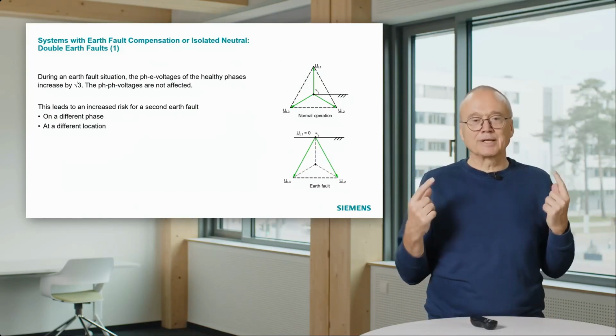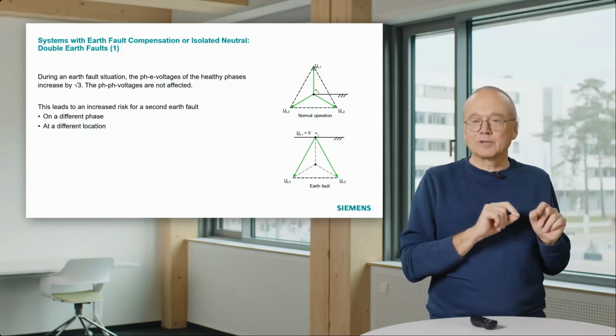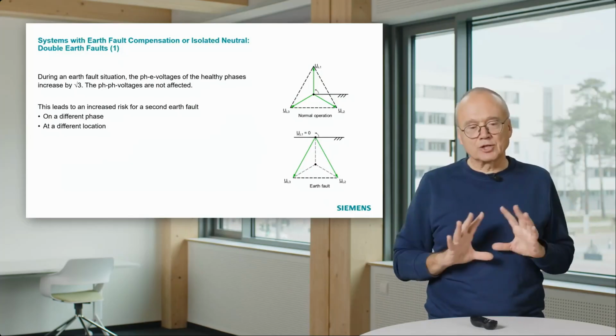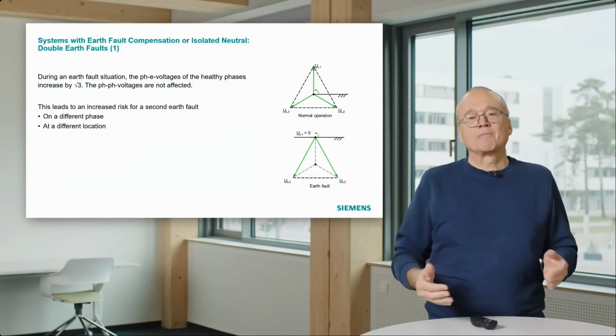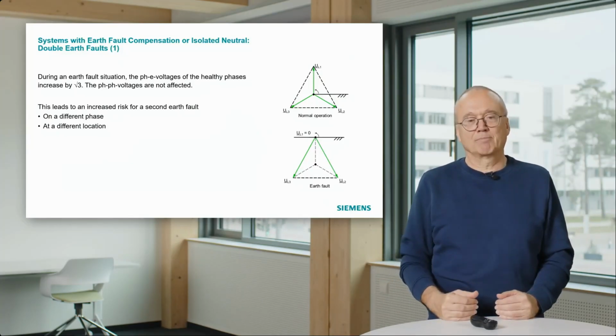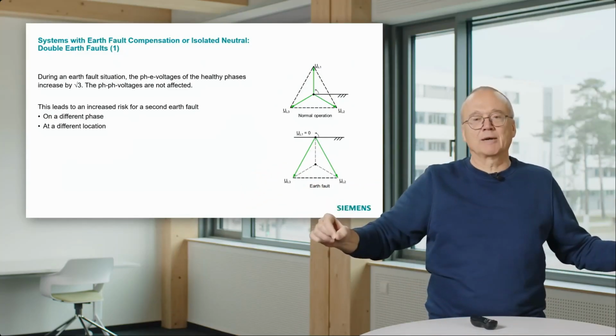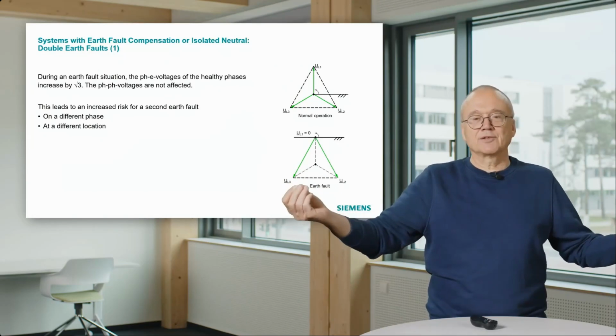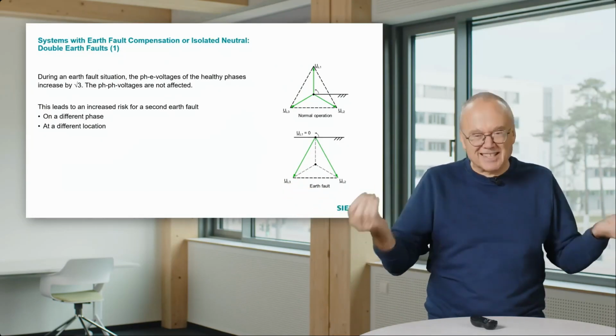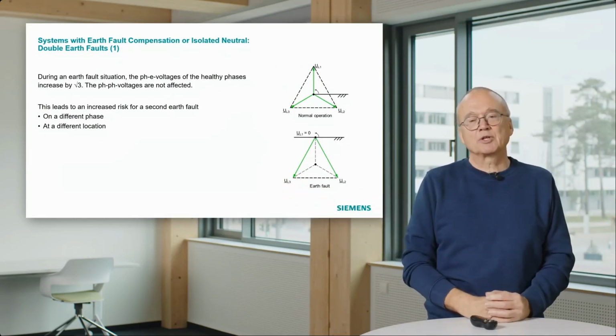And the interesting point is that it is at a different location. And that is a thing which normally will not happen if you have a system with grounded star points, that you have two earth faults at two different locations at the same time, because that is independent. That it happens exactly at the same time is pretty rare.